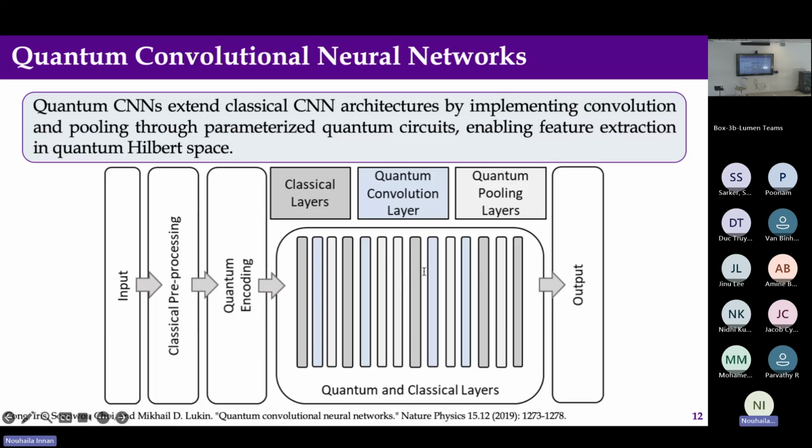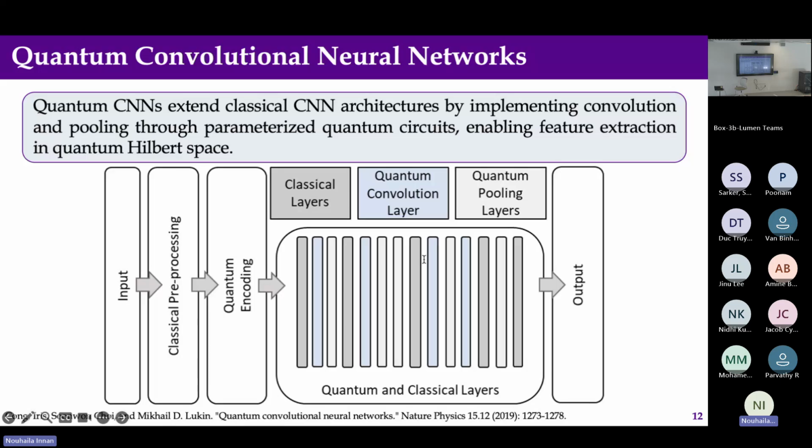The convolution operations are performed as parameterized unitary rotations based on the PQCs. Then the pooling layers are used for dimensionality reduction. But since in quantum systems it's not possible to directly remove qubits from the circuit, they are implemented by measuring a subset of the qubits and using this measurement to control the next operations.